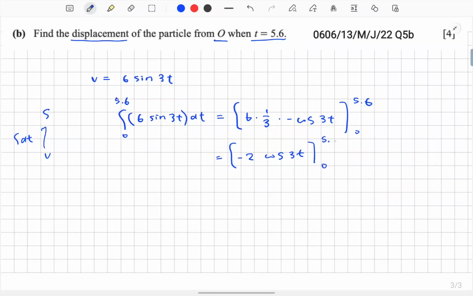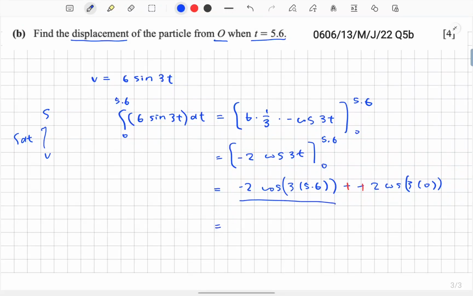From 0 to 5.6, we'll put 5.6 in first, and we'll subtract when 0 is inside the t. But when we subtract -2 cosine 3t, the two negatives cancel out, so we can just cancel the negatives to make it positive.